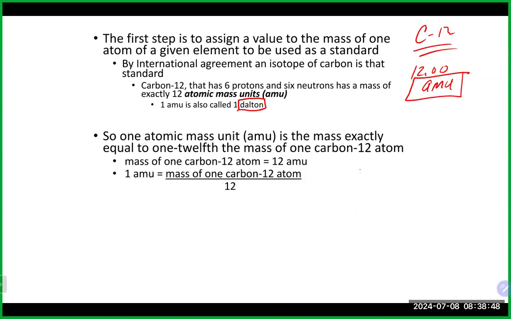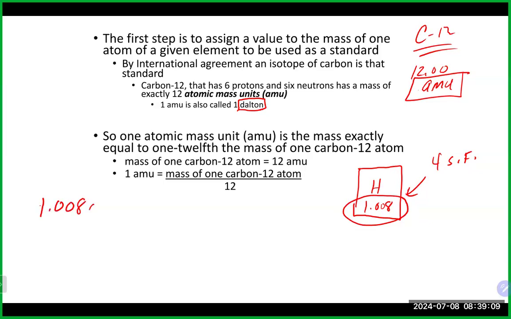And when we pull, for example, the numbers off the periodic table, like for hydrogen, it's 1.008. Typically we go to 4 significant figures, and we can use it as a conversion factor. Basically, what that says is there's 1.008 AMU in an atom of hydrogen.